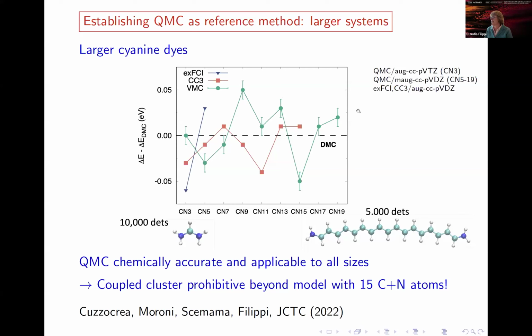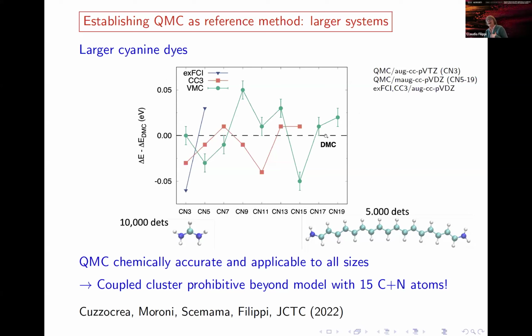VMC is always very close to diffusion Monte Carlo. The scale here is 0.05 eV, so chemical accuracy, and extrapolated full CI you can only do for the two smallest models.